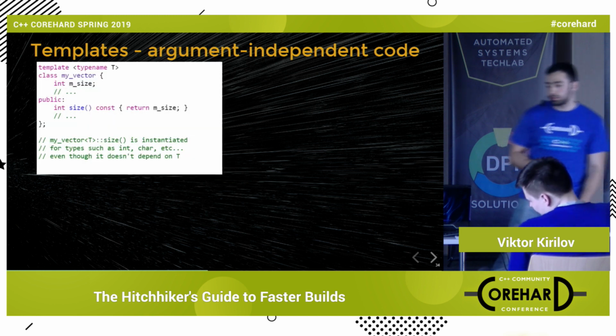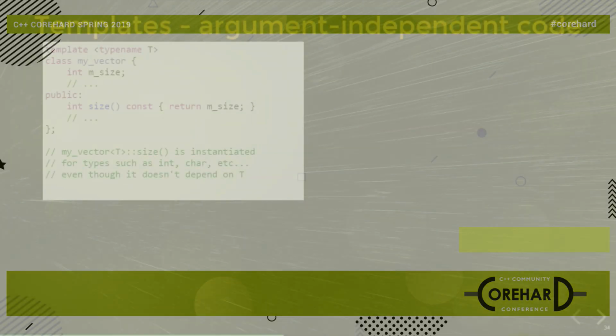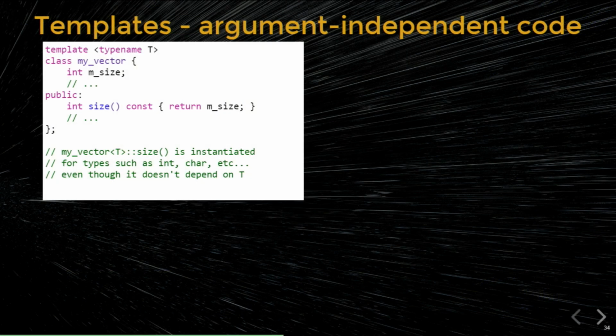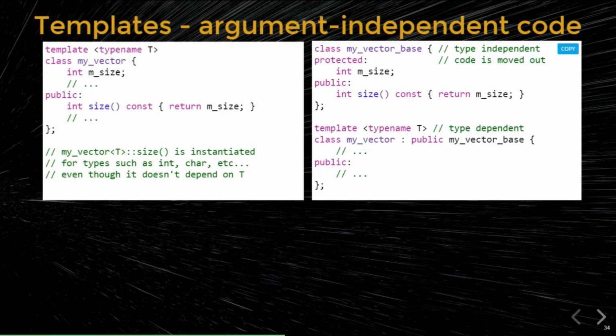Templates. Suppose we have this template, and we can easily factor out the size and the size method outside of the template into a base class, because they don't depend on the type. And now, when we instantiate the template, we won't be instantiating also the size method for different types, because we don't have to actually.